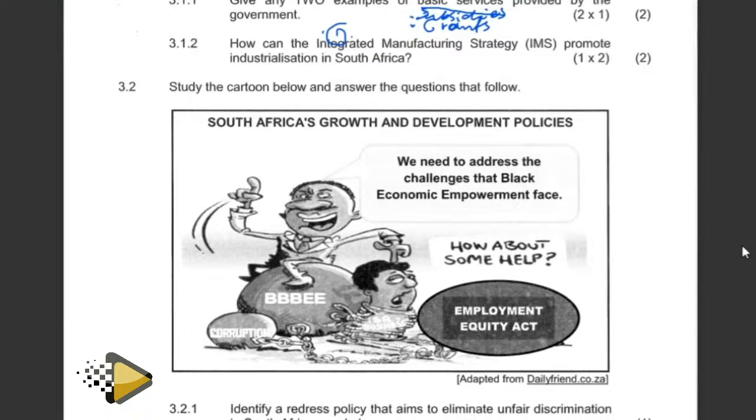So still remember, grade 12, the moment we talk of industrialization, or the moment we talk of an industry, we refer to a group of firms that sell the same product. So in this regard, it means that here in South Africa, we have different sets of industries. We have businesses that are selling clothing, and those businesses are categorized as a clothing industry.